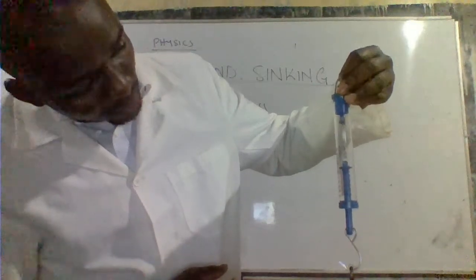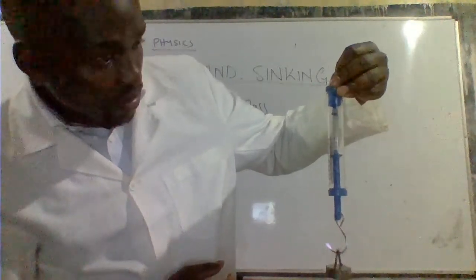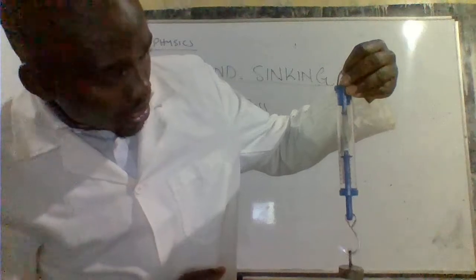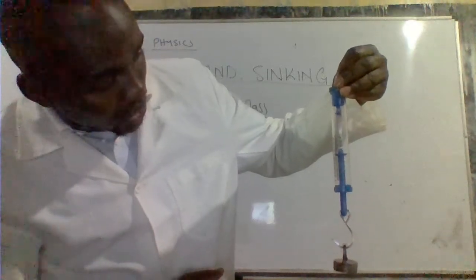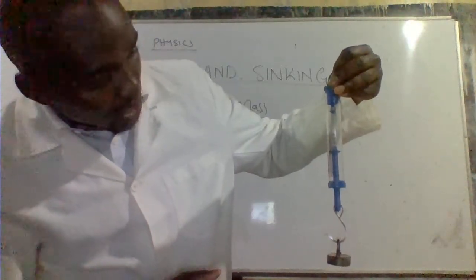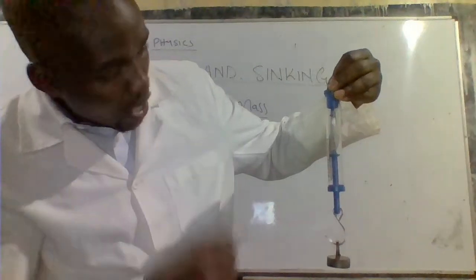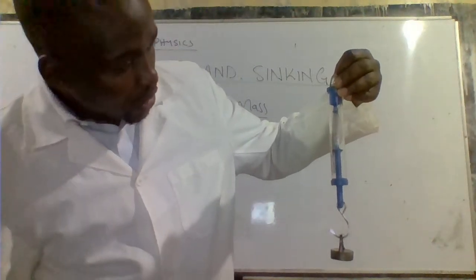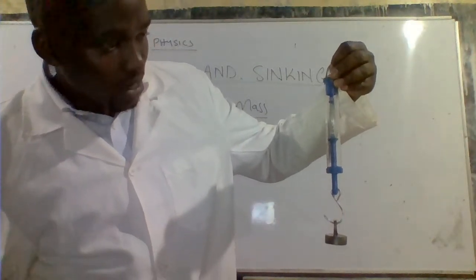It's visible, but if not visible, I'm going to read it. Remember, always when taking readings on a scale, you should position your eyes perpendicular to the scale to reduce what we refer to as parallax error.